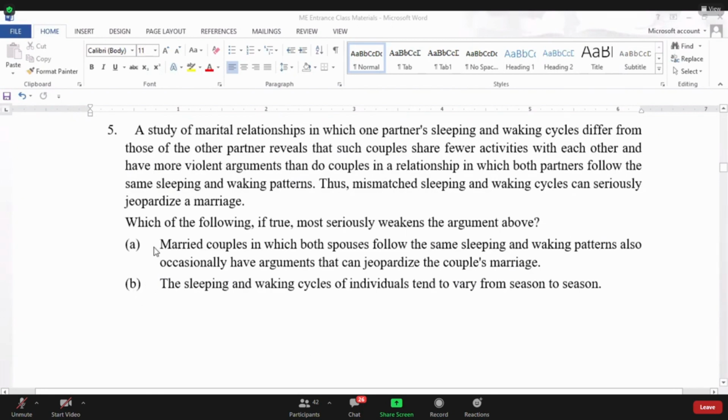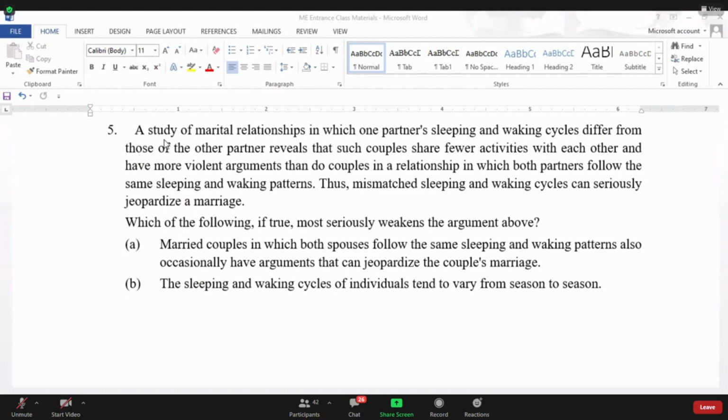Now let's see. Let me read. A study of marital relationships. A study means a research. So it is clear from the research, whatever is given here has been proved.